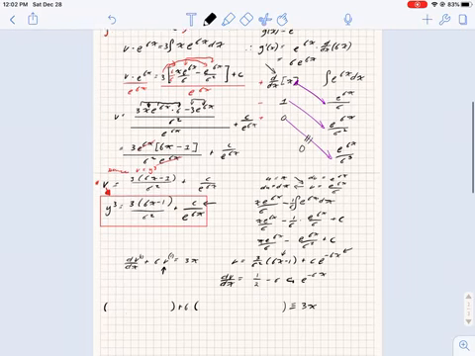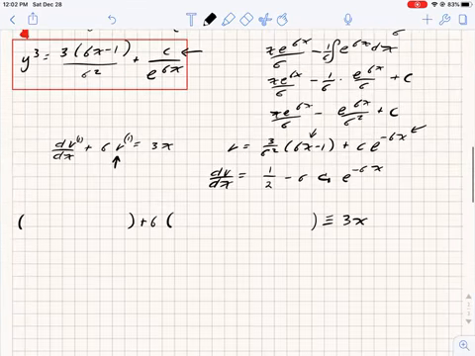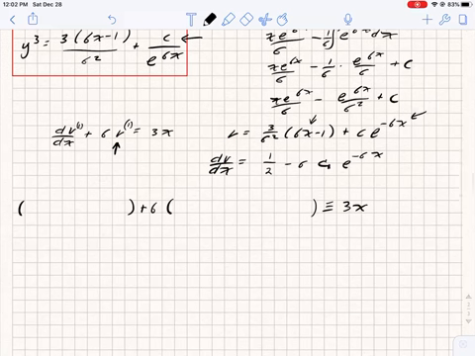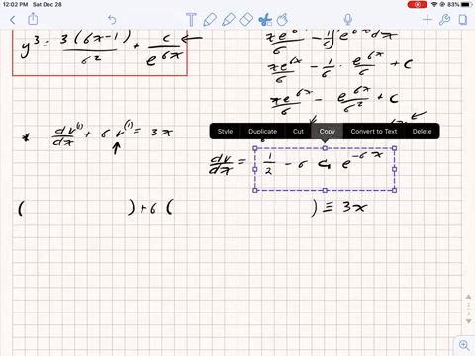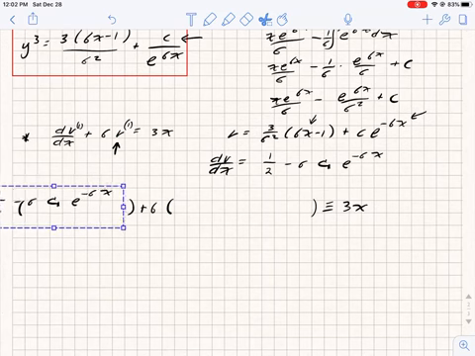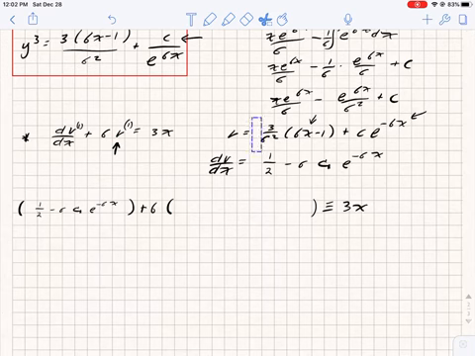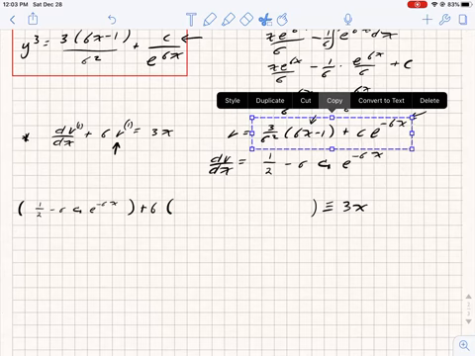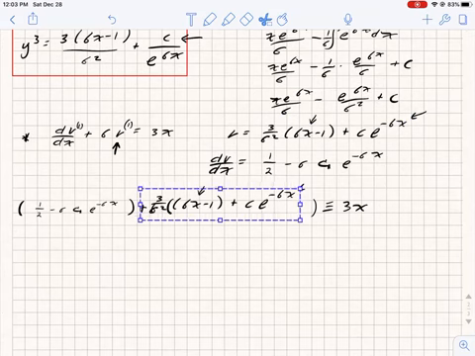Let's double check. So this was our linear differential equation that we found by doing a substitution. And now let's plug in what we have here. Then we're going to plug in what we have here.